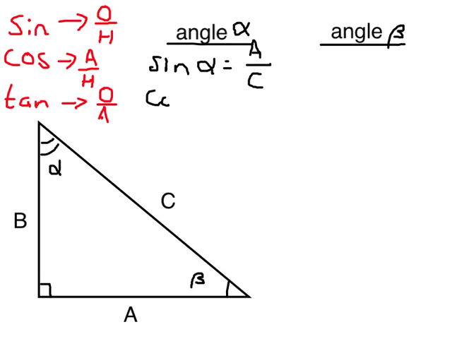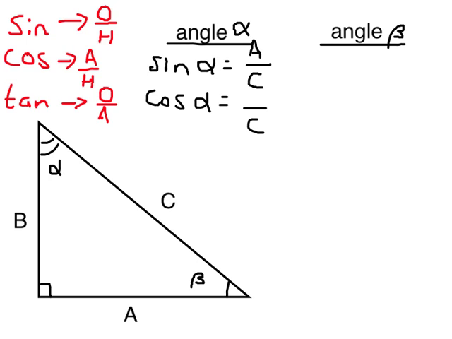If I wanted to find the cosine of angle alpha, SOHCAHTOA. CAH is adjacent over hypotenuse. Well, I definitely know what the hypotenuse is. That's side C. Adjacent means next to. So here's the angle. It has two sides that are adjacent, side C and side B, but side C is the hypotenuse, so we need to take the other one.